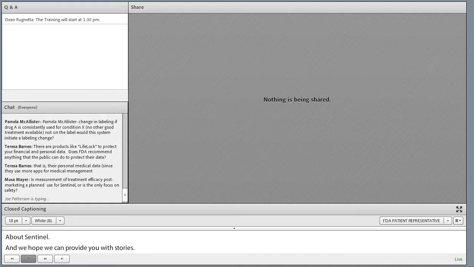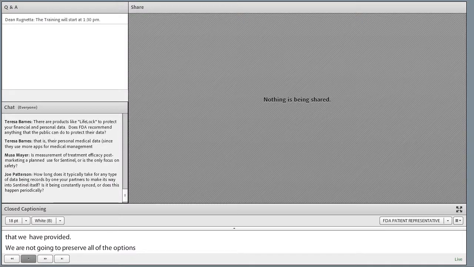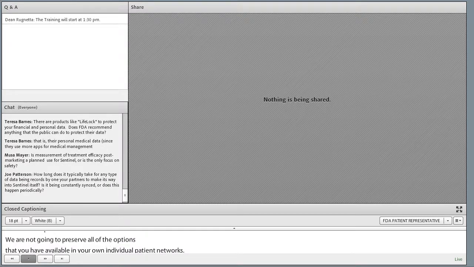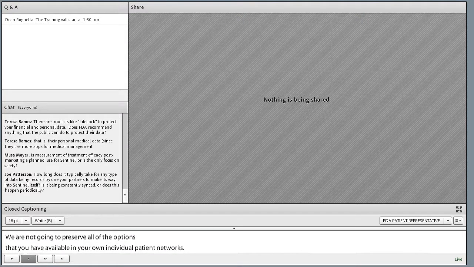So there are a number of ways, but we're not going to presume to know all of the outlets and options that you have available to your own individual patient networks. We would invite you and encourage you to raise awareness about this surveillance tool. And that was basically the goal of this entire project. Thank you. Thank you, Steve.